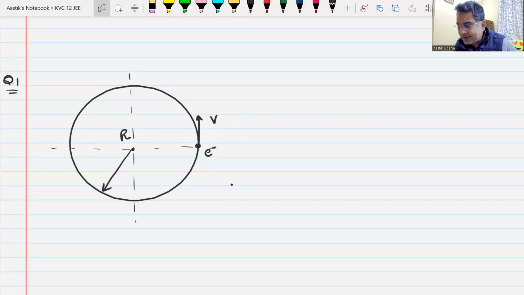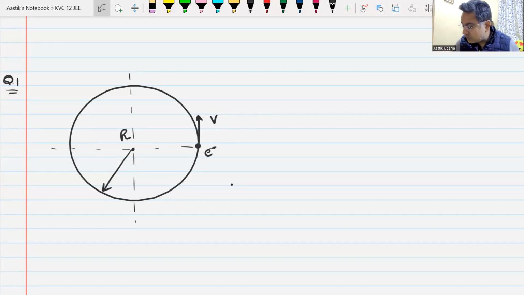Okay, then we move ahead and try to solve this question. In this question, we have an electron whose charge is e, negative, because it's a negative charge. It's moving in a circular path of radius r. As you can see, the speed of this electron is given as v.